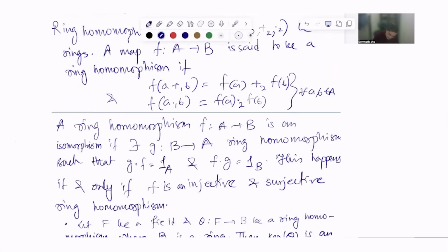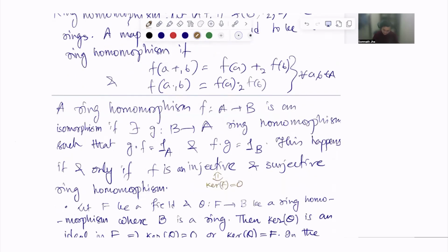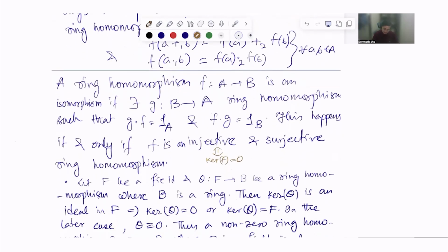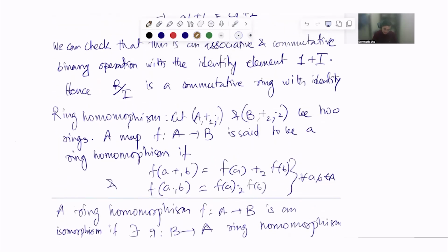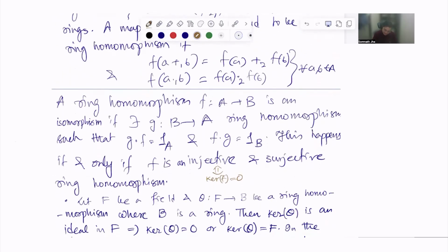So this is the same as kernel f equal to 0. So what is kernel f?